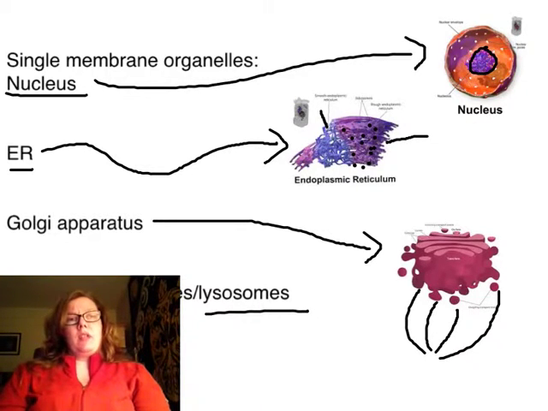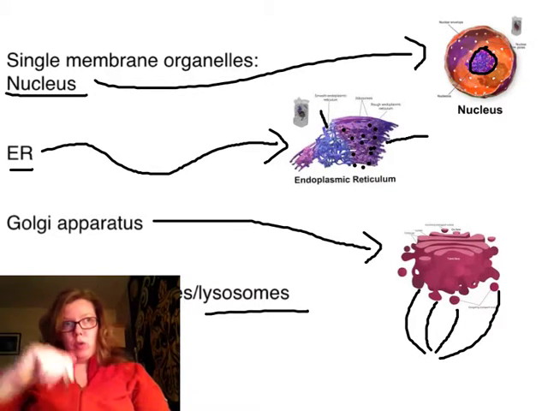Those are specialized vesicles that are responsible for digestion, and again, we'll talk about those in another lesson. But then some vesicles are just packages of fat or packages of protein that came through the Golgi apparatus. So all of these are single membrane organelles, meaning they are enclosed by a single membrane that's folded or circular.